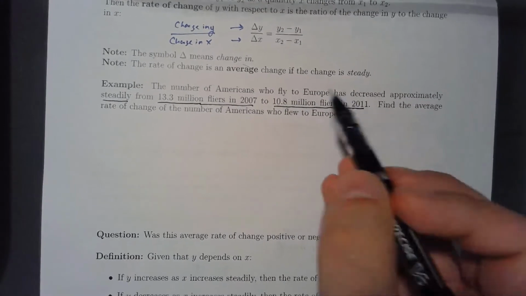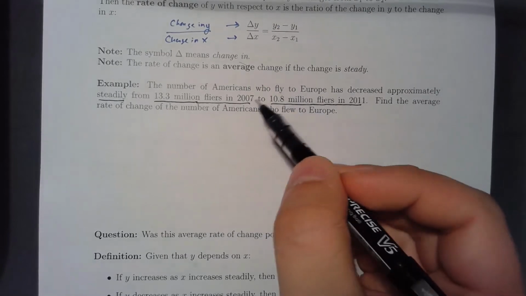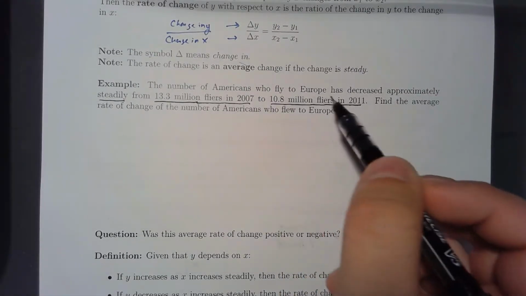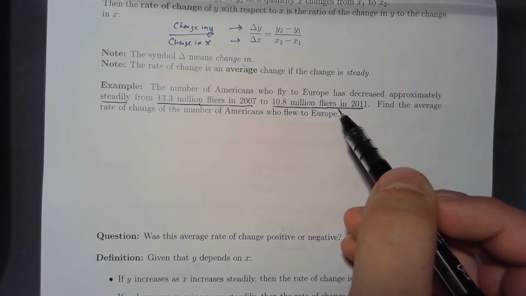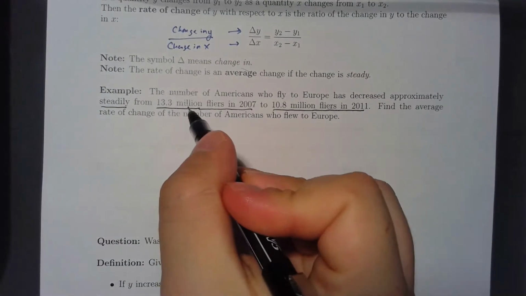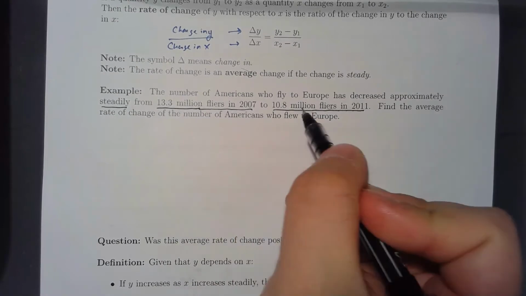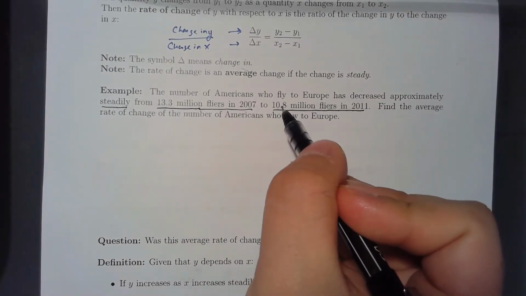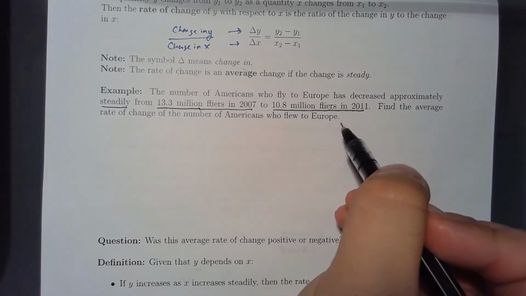So let's find the average rate of change. 13.3 million in 2007 to 10.8 million in 2011.